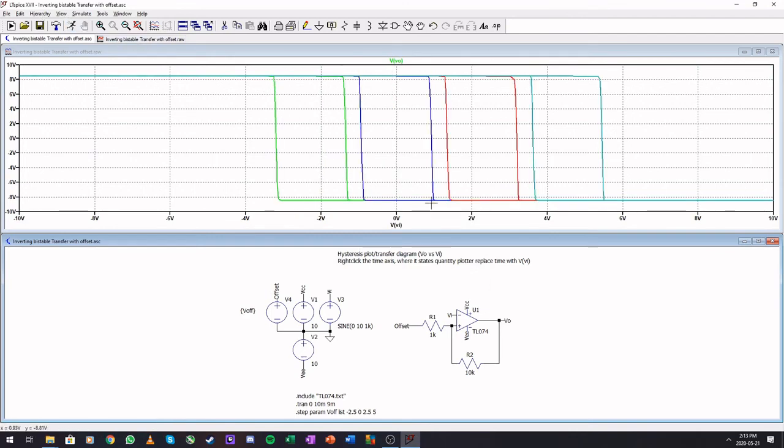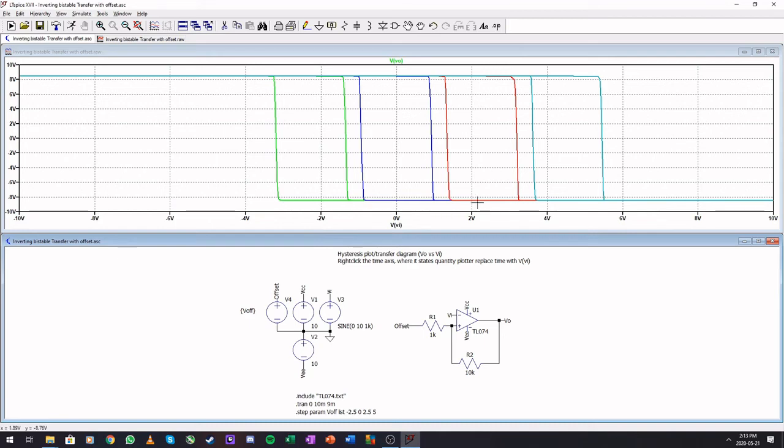And now we will have 4 different loops. One, the middle sitting at minus 2.5, one in the middle sitting at 2.5, the normal one where this is just a ground, and one sitting at 5 volts.